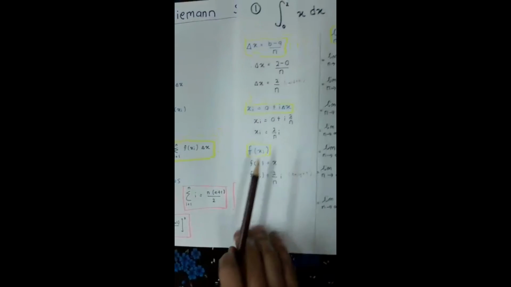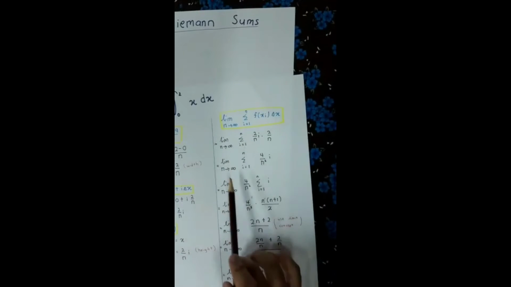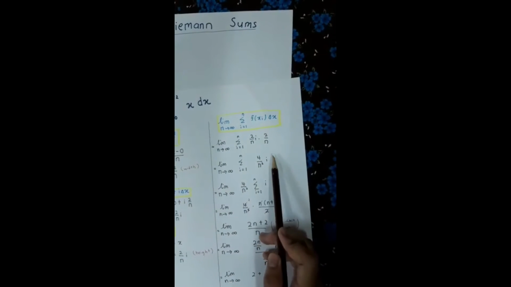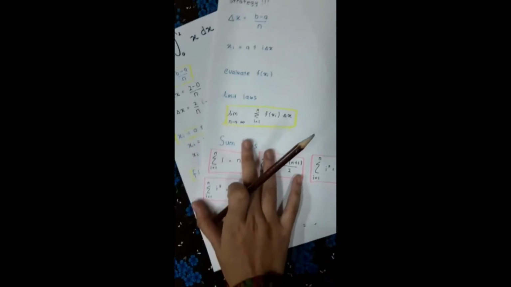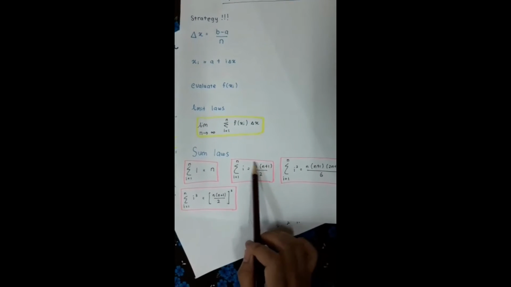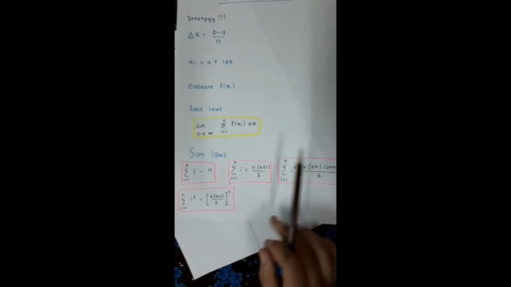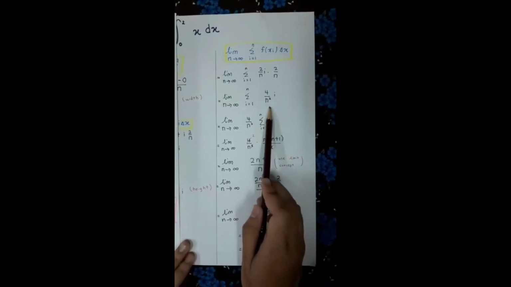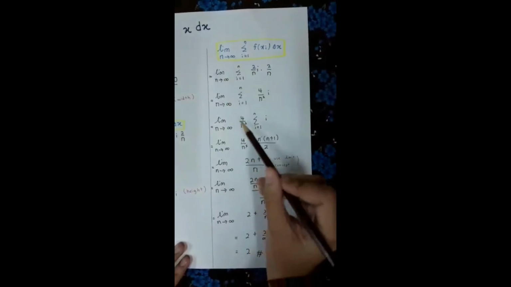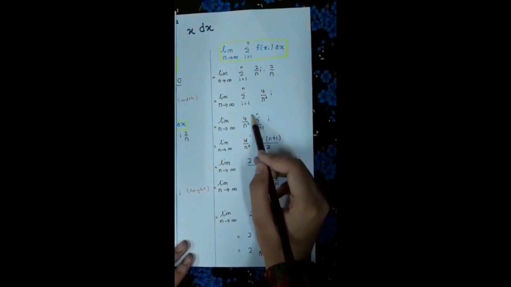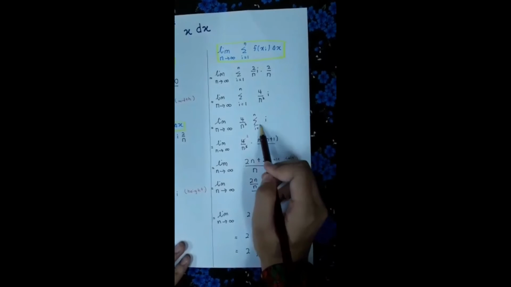As we know, this one is only i, so i to the power of 1. As we know in the sum law, when it is i to the power of 1, we must use this formula. So we will substitute this formula back into this, and before we substitute the formula, we must factorize first.